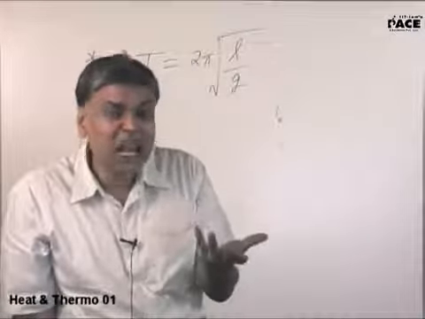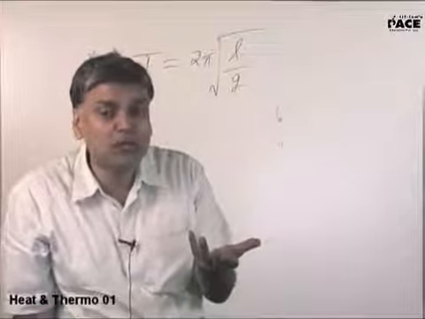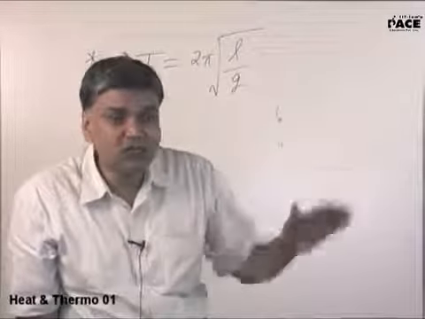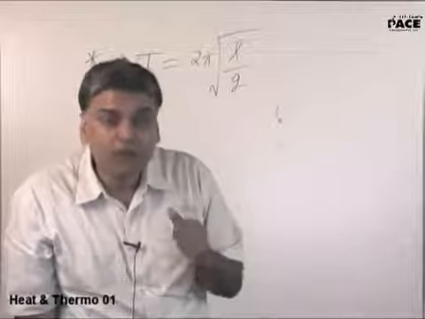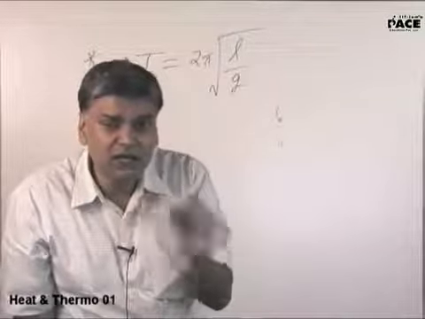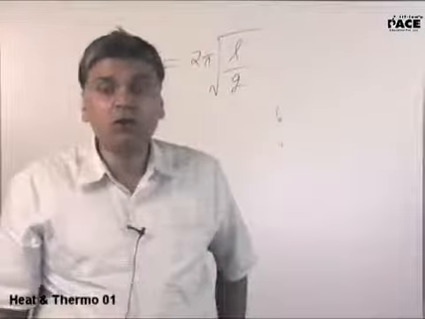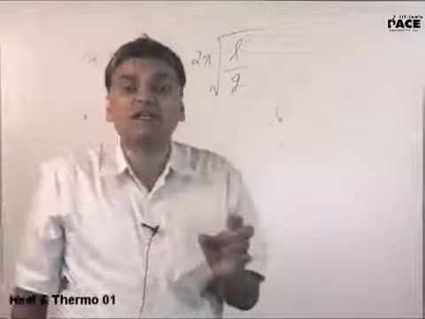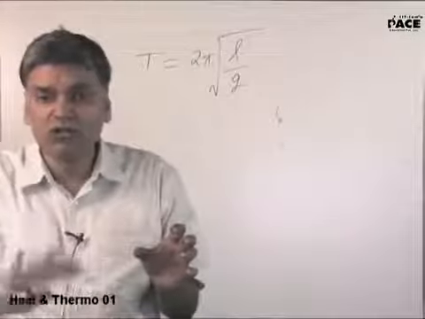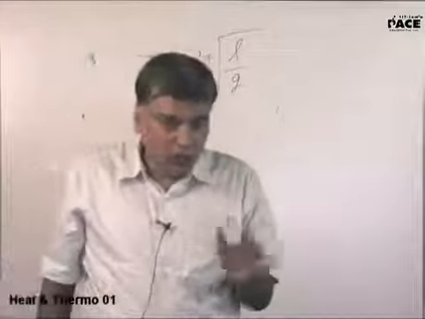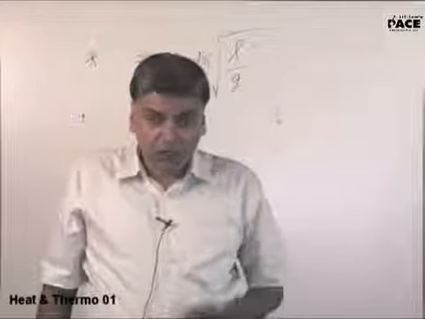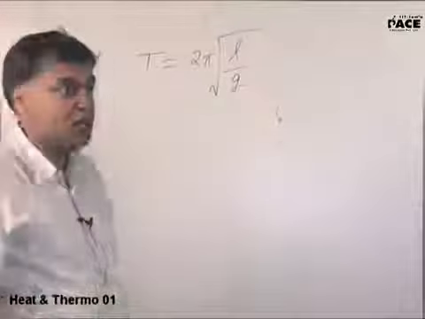You have 86,400 seconds per day, so the clock should ideally do 86,400 oscillations per day, but it will not. 0.01 every time it will lose. So 86,400 into 0.01 will be 864 seconds, which is around 14 or 15 minutes. So your clock will be slow by 14 or 15 minutes. So how to do that question is what we are exactly seeing now.